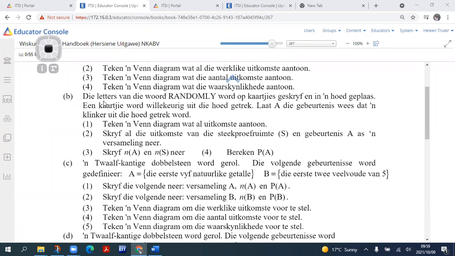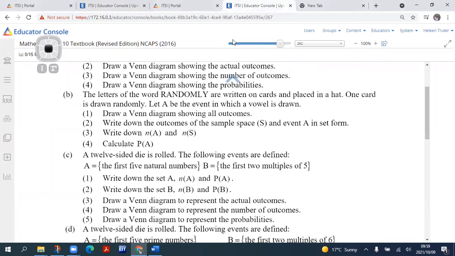Nommer B. Die letters van die woord randomly word op kaartjies geskryf en in 'n hoed geplaas. Een kaartjie word getrek, laat A die gebeurtenis wees dat jy 'n klinker uit die hoed trek. Klinker of vokaal, laat ons net gou kyk. Hierdie verskil. Let A be the event in which a vowel is drawn.